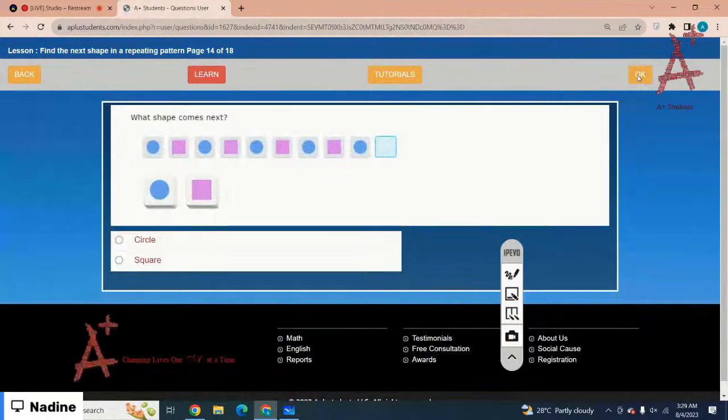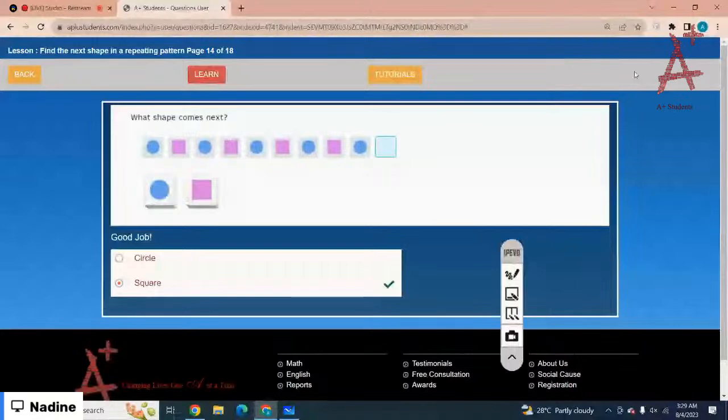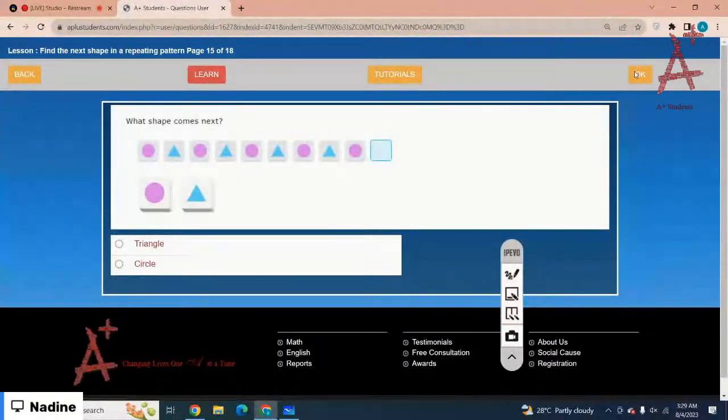The correct option is square. The correct option is a triangle.